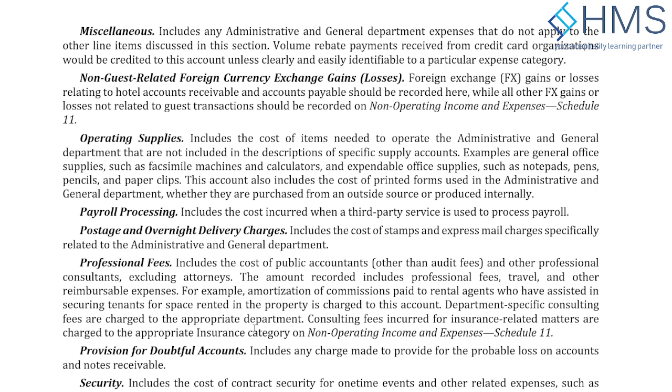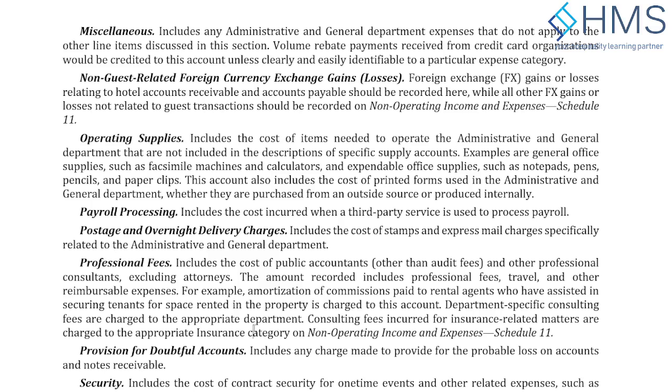Professional fees will be the cost of public accountants, not the audit, but the general consultancy. Lawyers will go to the legal fees, but other consultants like the HR consultant or the security consultant will give you the professional fees. So it will include their traveling and other reimbursable expenses as well, or the commissions to the rental agents who have assisted in securing tenants or a space in the property, charged to this account.